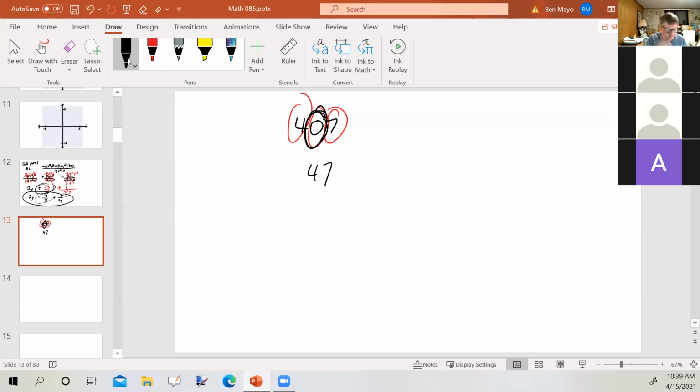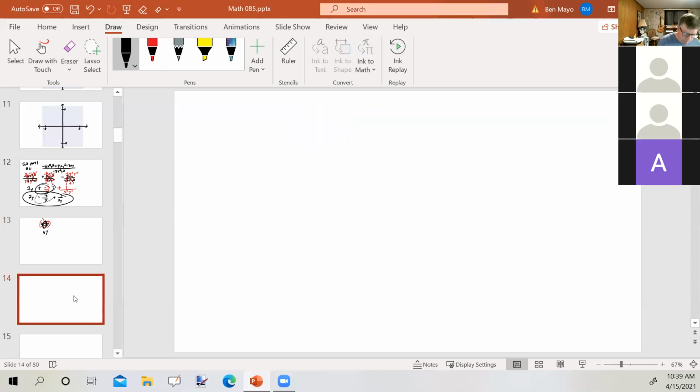Okay, all right. Now, what does that have to do with anything? Well, we're going to see. Let's take the following problem, which is a squared minus 25 divided by a plus 5. I'm going to write this in the long division form.